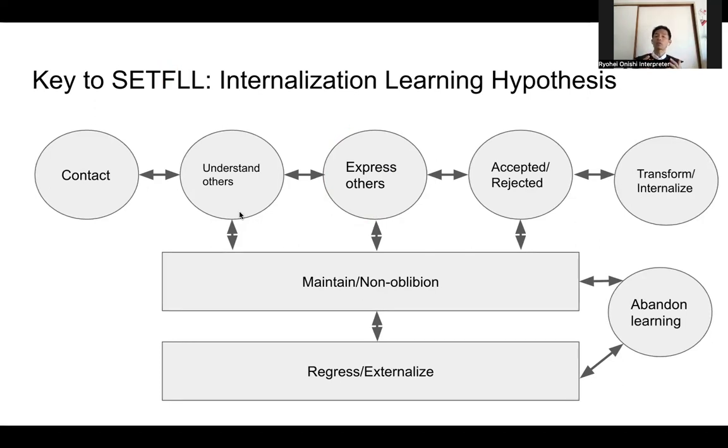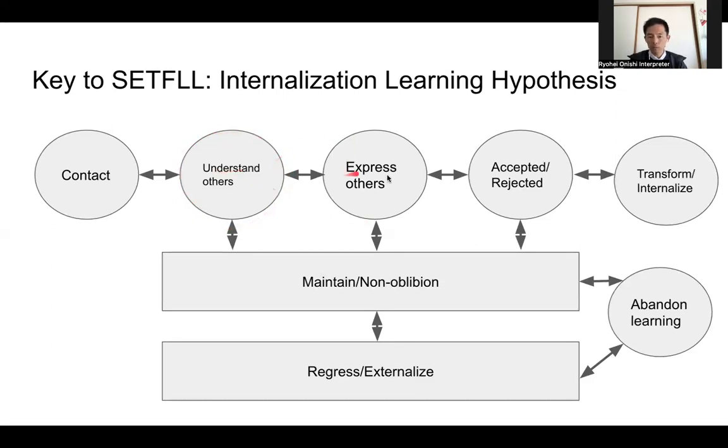So we need to understand other people first. And when we understand other people, we can then express other people's opinion from your side. For example, I talk about my friend's opinion, okay? So it's not you expressing yourself. It's you expressing other people. And to express other people, of course, you need to understand other people.